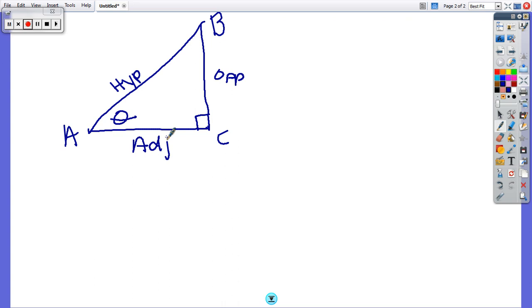We have 6 functions that go along with these 3 values. The first one is sine, and sine is always opposite over hypotenuse. We have cosine, which is adjacent over hypotenuse.